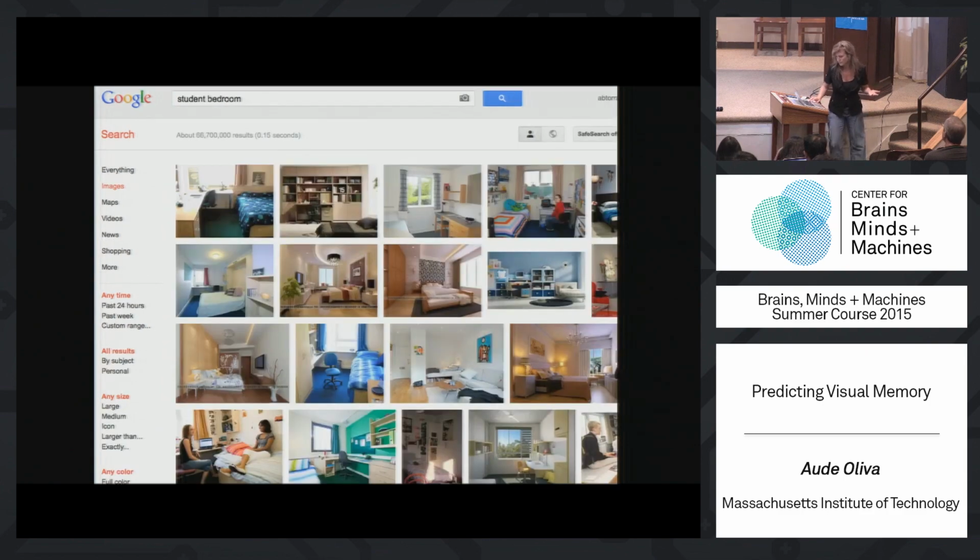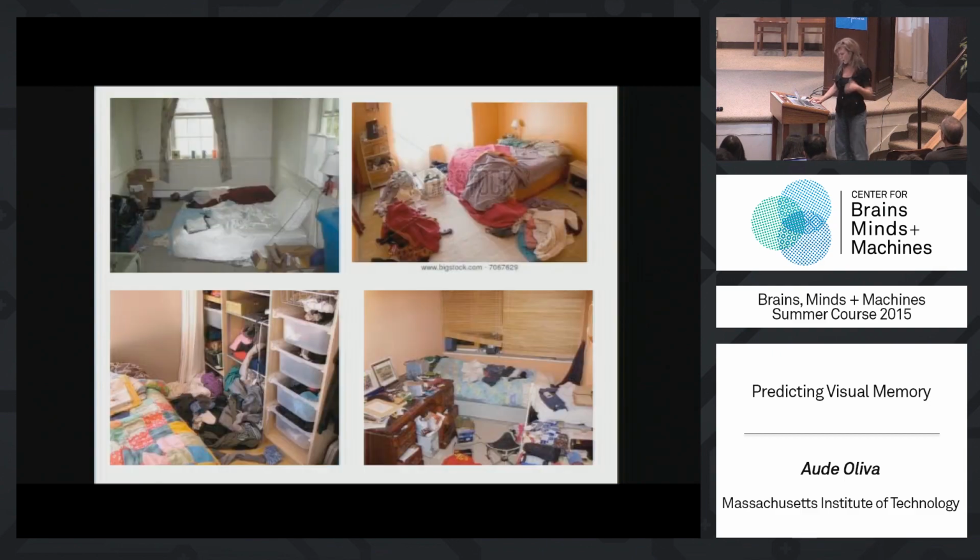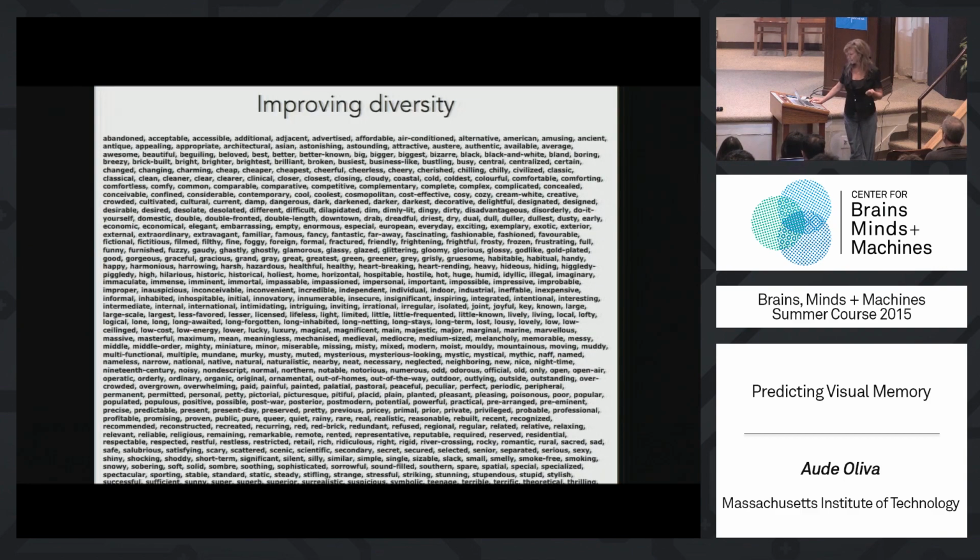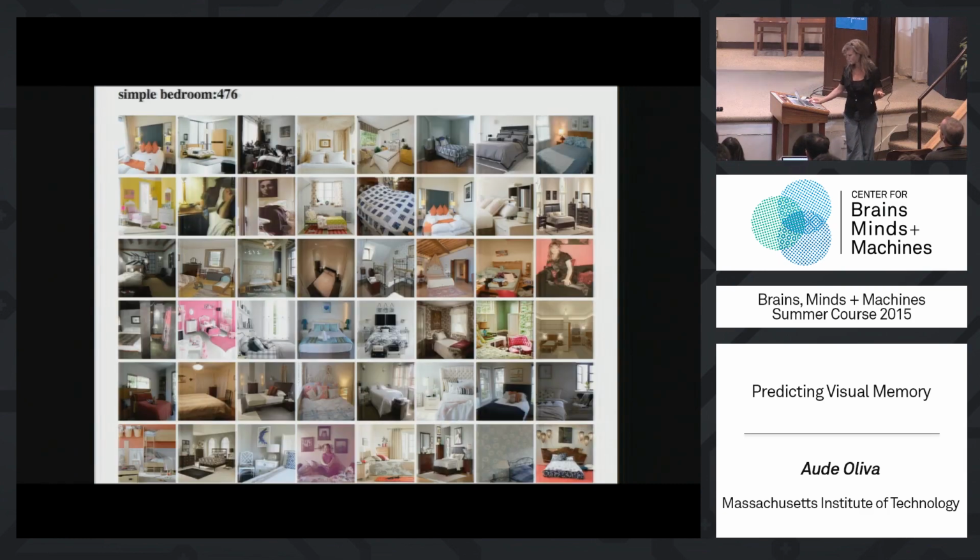So for most places, it's not only that this is, for instance, a bedroom, but that you will go more to a student bedroom, or, well, I think those are student bedrooms, those from my colleague. There are many types of adjectives that we can use to retrieve images that will give us a larger panorama of the types of concepts used by the human brain to recognize environments.